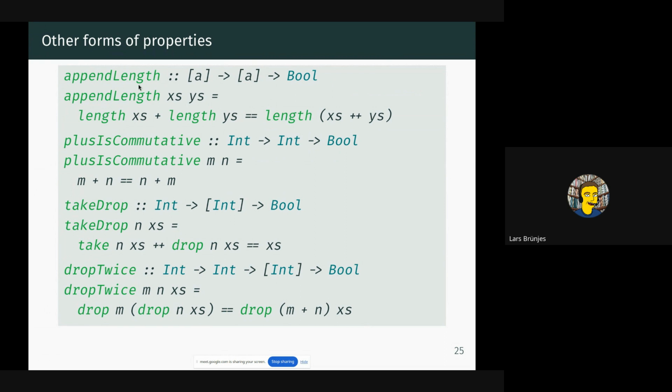Let me skip those two, but here's one with two arguments, here's even one with three arguments. So take drop takes an int and a list of ints, and it checks whether if you take n elements of the list and concatenate the result with dropping n elements from the list, you get the original list back.